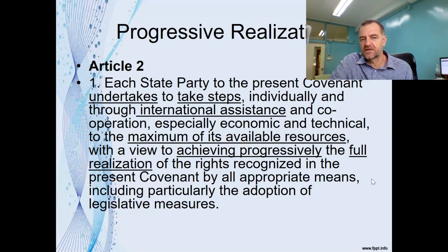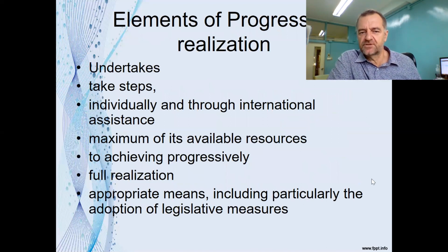So just to sum that up, we've got those key issues, these key areas of undertaking and taking steps with international assistance or individually, maximum resources, achieving progressively, the idea of full realization, and the legislative measures. So progressive realization is quite complex, and judging states on whether they are progressively realizing rights is open to a lot of debate.